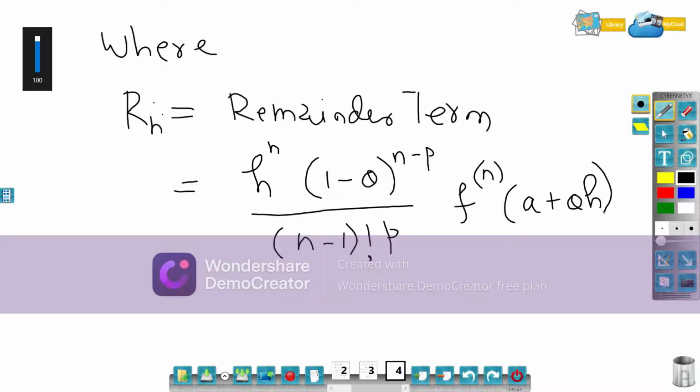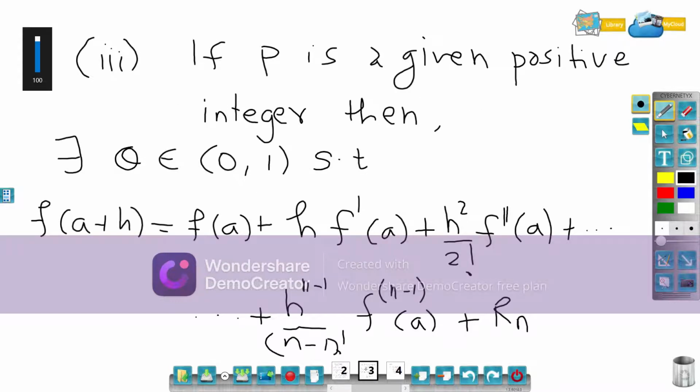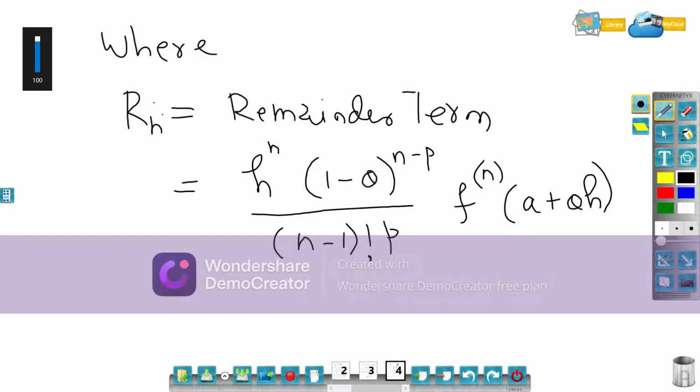Well, we will not prove this theorem right now, but we will use it for problem solving.